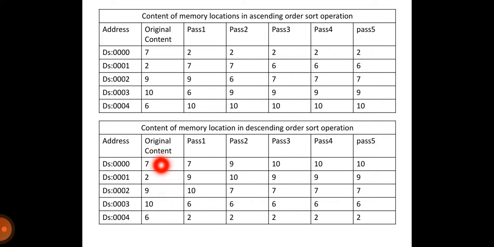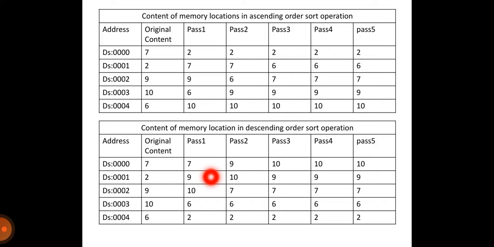As you can see, 7 compare with 2, 7 comes first. 2 compare with 9, 9 comes first. 2 compare with 10, 10 comes first. Okay. And then 2 compare with 6, 6 comes first. Okay, here you can observe. Then 7 compare with 9, 9 comes first.